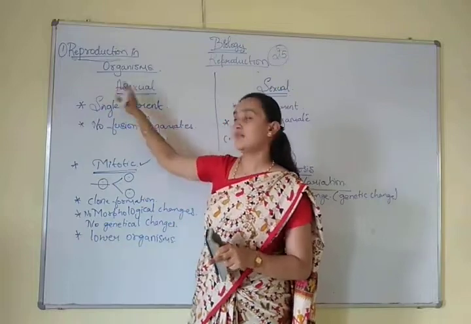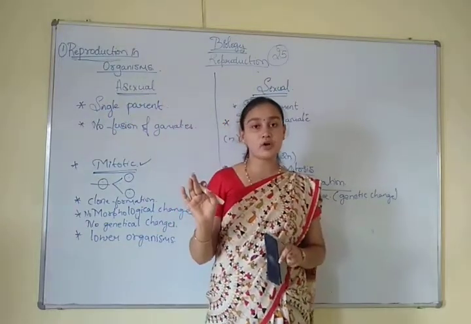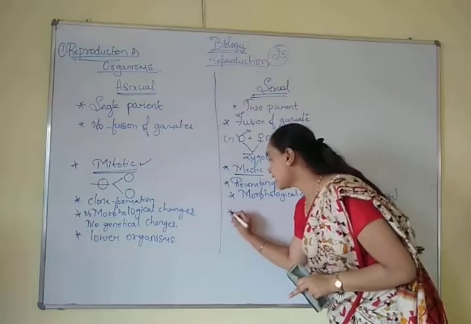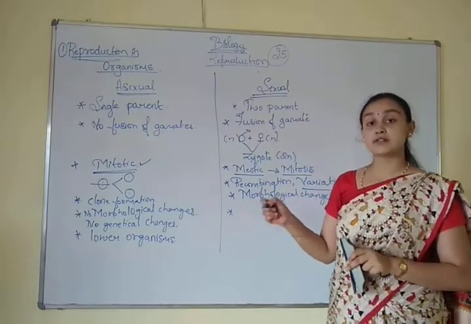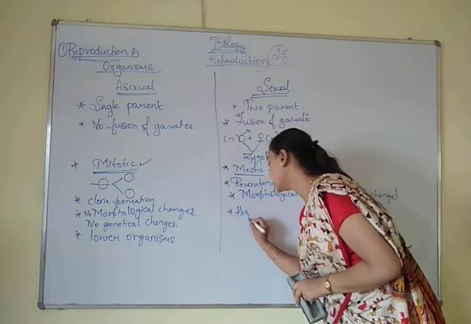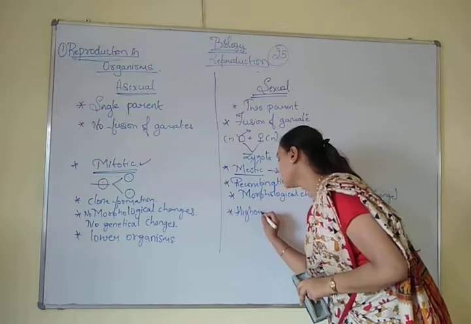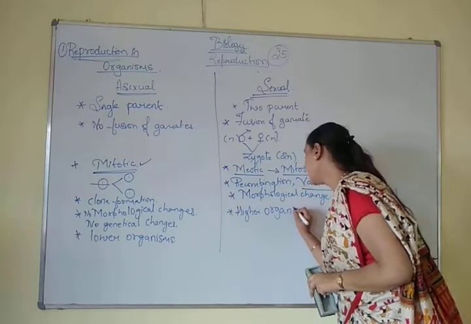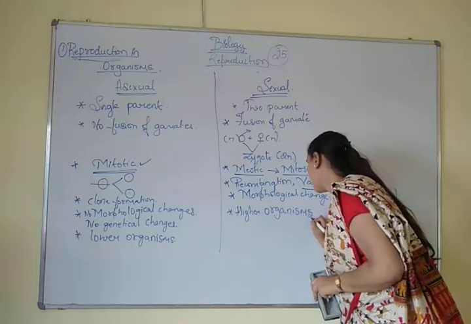Hence, there will be the asexual kind of reproduction. So sexual reproduction is being observed in the higher organisms. Okay, higher organisms ನಲ್ಲಿ ನಾವು sexual reproduction ನ ಕಾಣಬಹುದು. Understood?